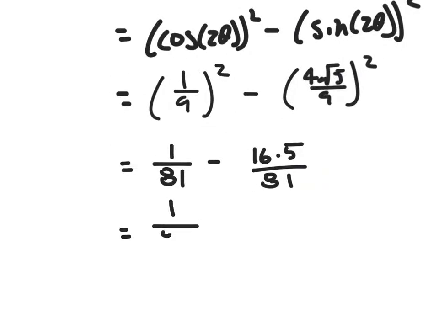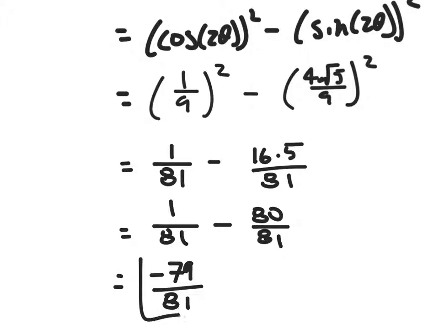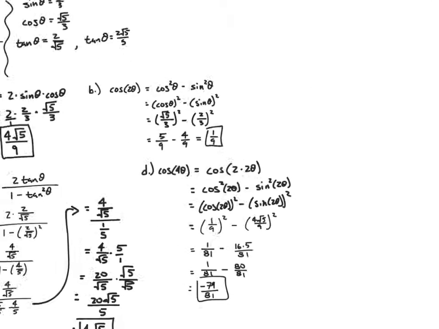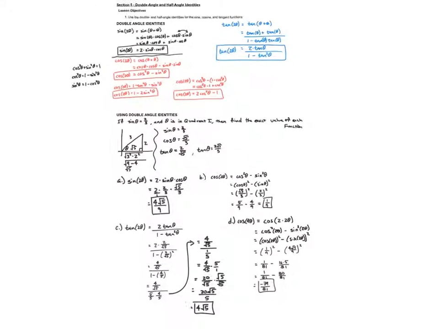So I've got 1 over 81 minus 80 over 81, which is going to give us negative 79 over 81, and that is our answer. So yeah, it's a little funky, but the reality is that on this stuff, I'm simply just using these formulas, plugging and chugging.